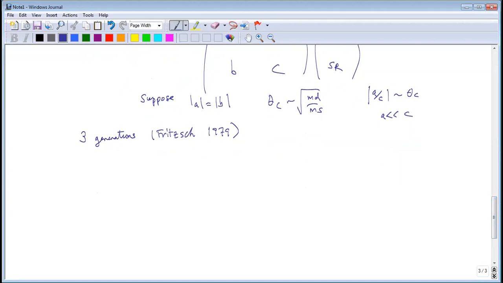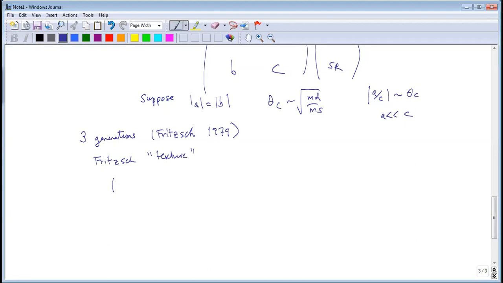Then suppose the second generation, the s and the c, arise at first order in perturbation theory. And then the d and the u, the lightest generation, as a second order perturbation. And he too was envisioning maybe some gauge boson type loops. Okay, so his ansatz for the form of the matrices, and this is what's known as the Fritzsch texture, is the following.